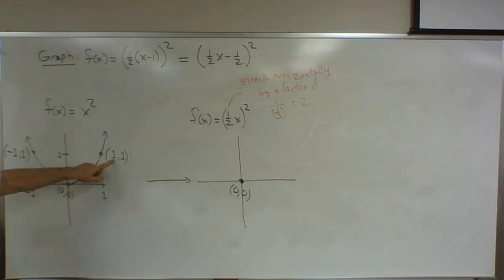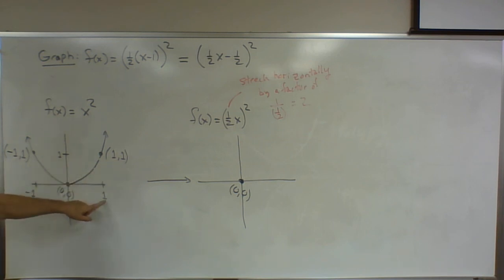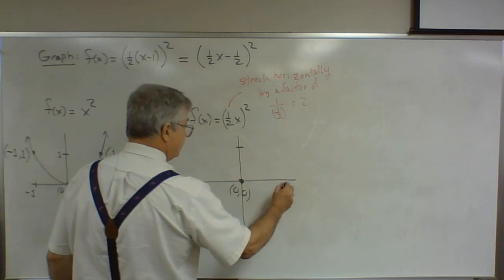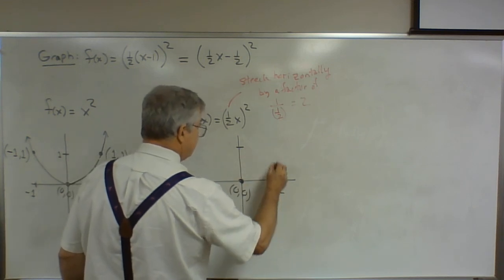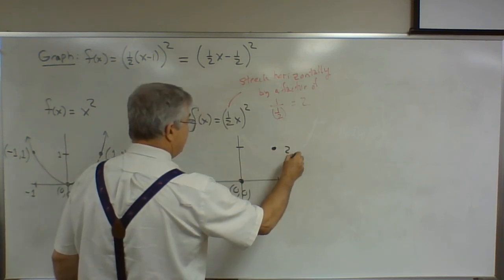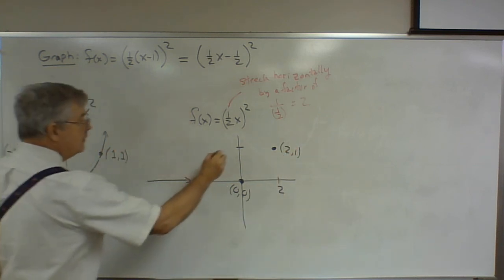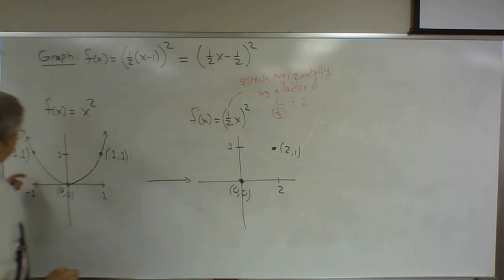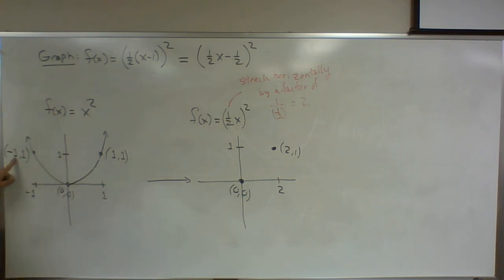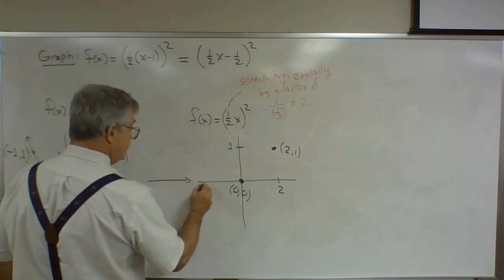The x-coordinate here is 1, so if I multiply it by 2, I'm going to get 2. The x-coordinate here is negative 1. If I multiply it by 2, I get negative 2.